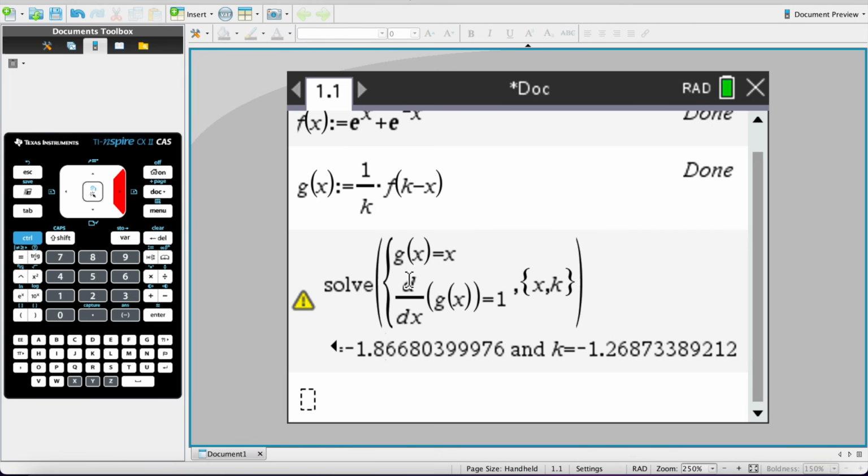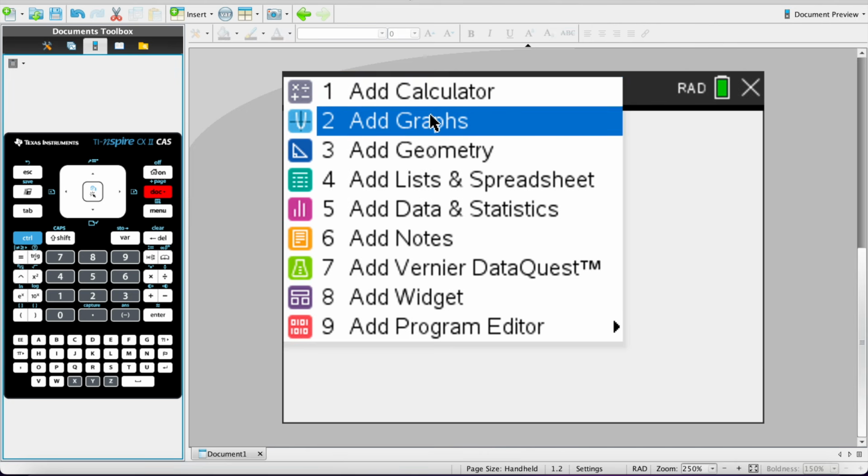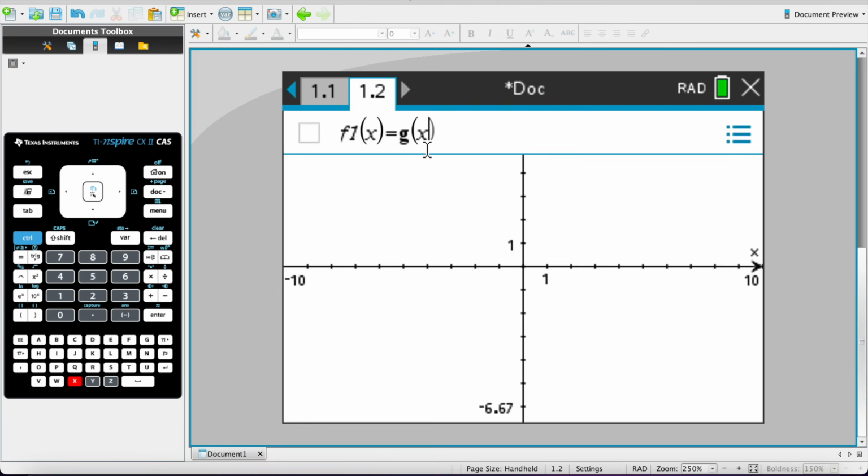So if I just sketch g of x, I'll just open a graphing page and just sketch g of x.